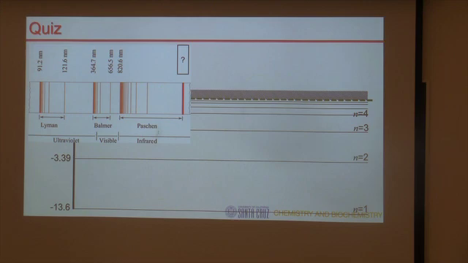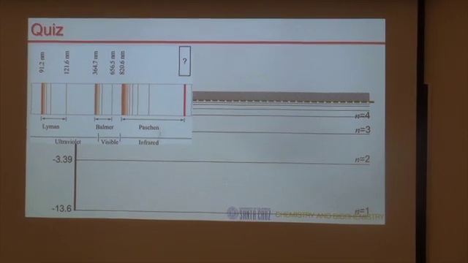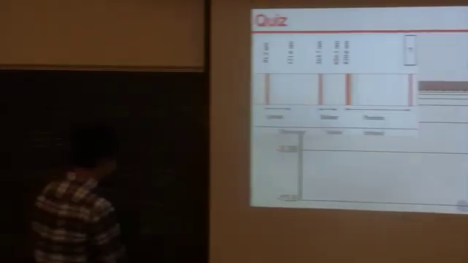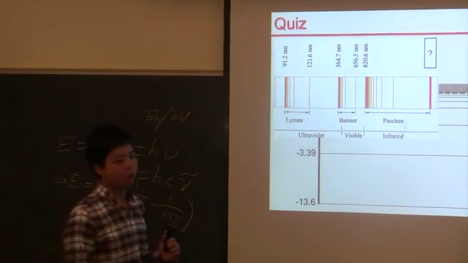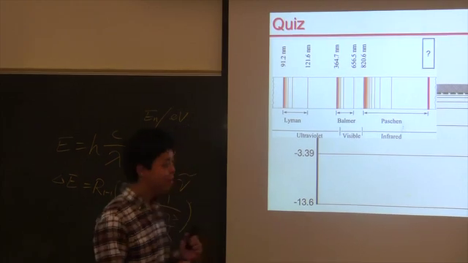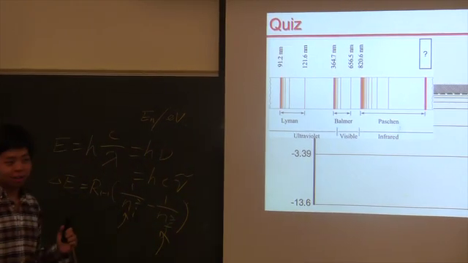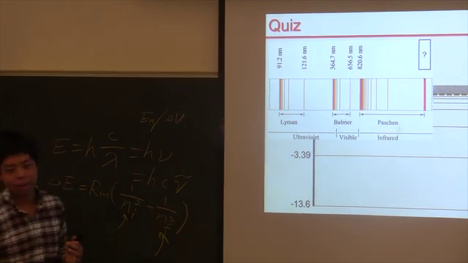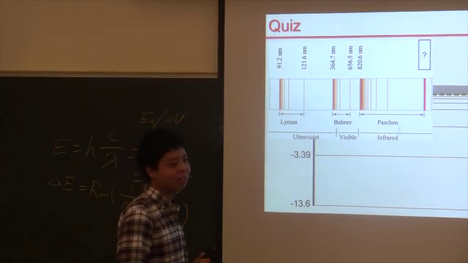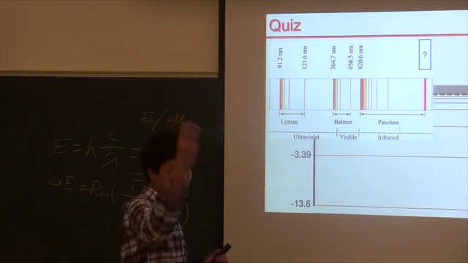But the problem is which number I should plug in here and here, right? So after today's session, can you tell me the first one? Nf equals what? This is what series? The Paschen series, Nf equals 3.